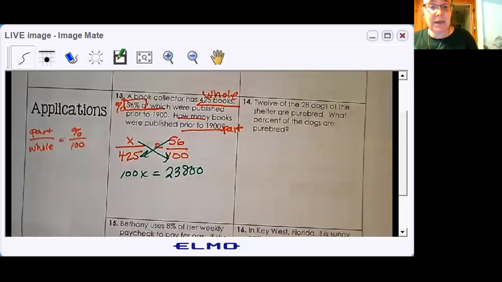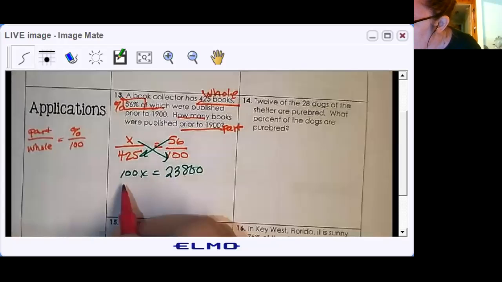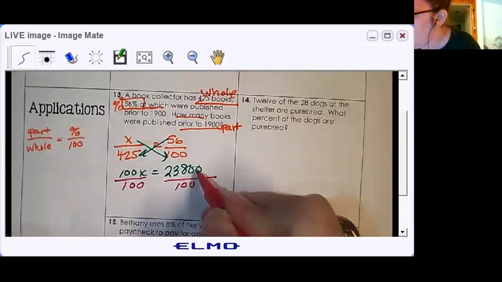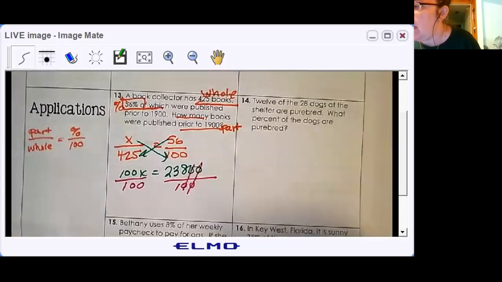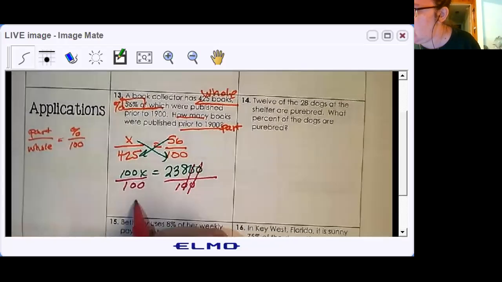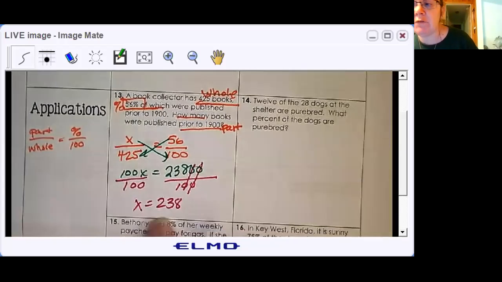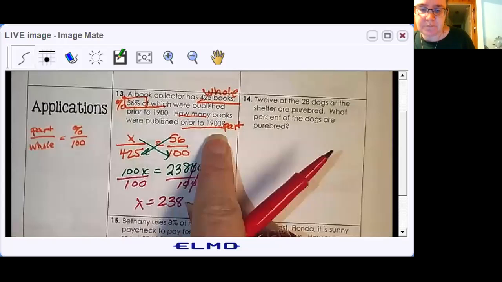Now I need to know what that is for x, not 100x, but x. So I'm going to divide by 100. I'm going to use my really cool math trick and cancel out my zeros, and I get that x is 238. So 238 of the books in my collection were printed prior to 1900.